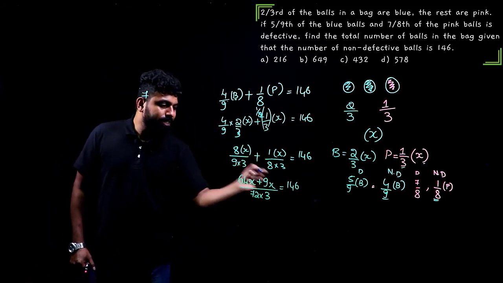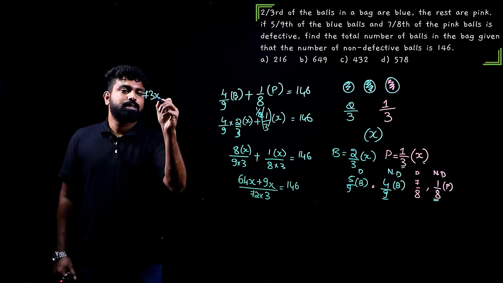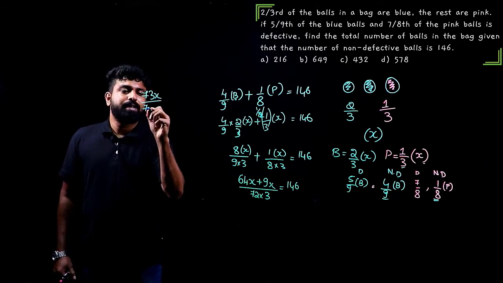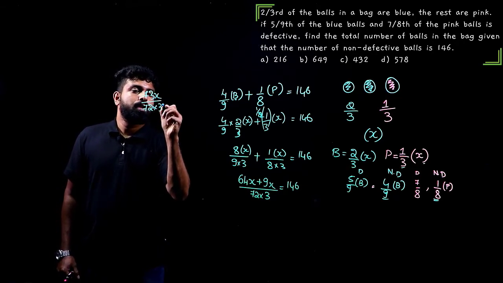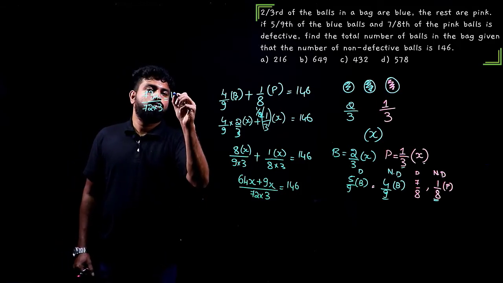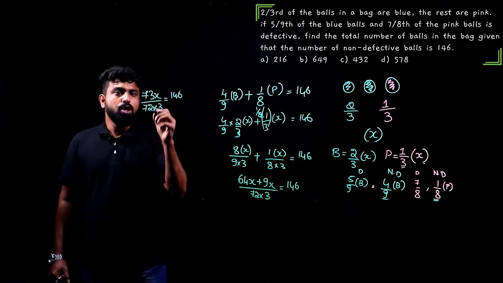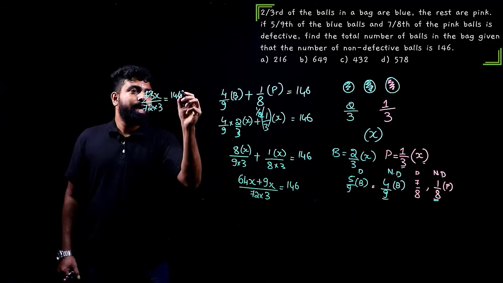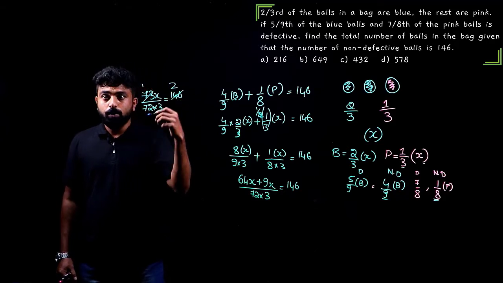So 73x divided by 72 into 3 will be equal to 146. So 73 1 times is 73 and 73 2 times is 146.